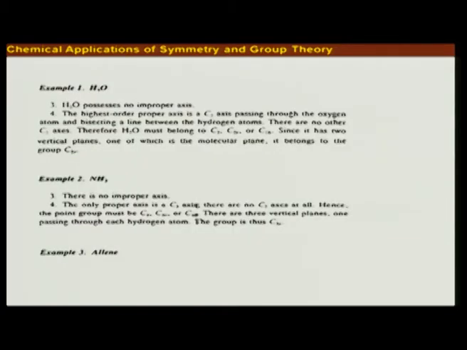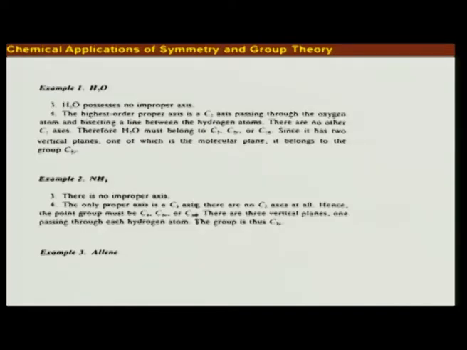Okay, so let's go through a few more examples, many of which I have taken from the books that I have suggested to you as reading textbooks. This book is by Professor Cotton.